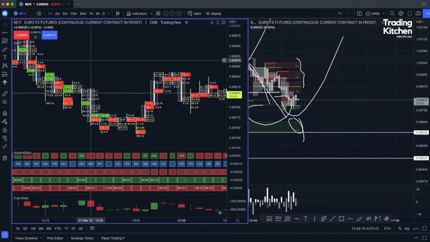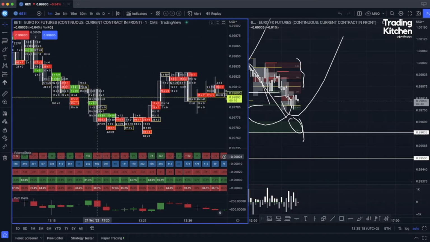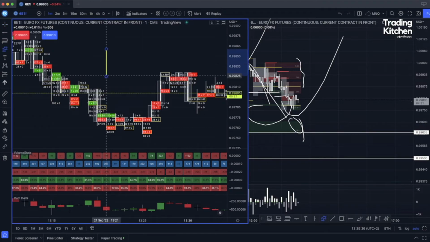If I want to go buy, I just want to see a strong movement down with a strong negative delta, and then a change of POC, which is the yellow box here, a change of POC like this.